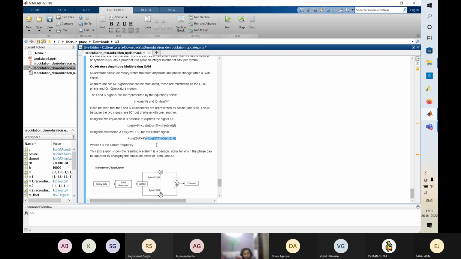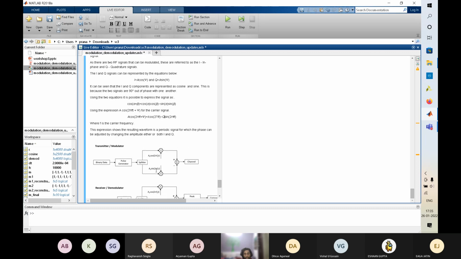Always when you see modulation schemes, they try to get to cos 2 pi fct and sin 2 pi fct, because this is a standard way of implementing a modulator. We take the sine and cos components of the carrier signal and multiply them with a specific amplitude for each of them, such that we get the desired output.